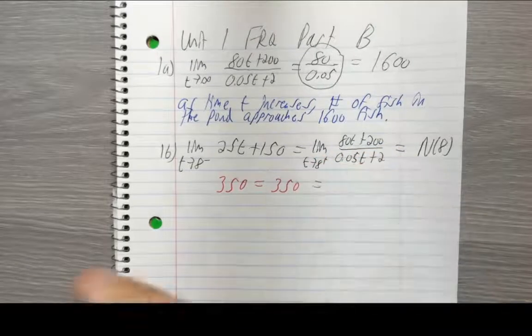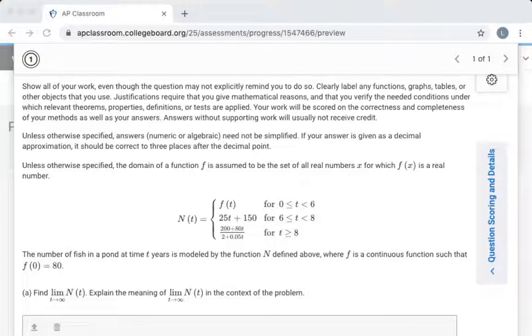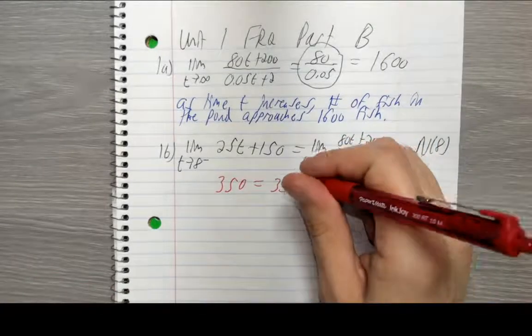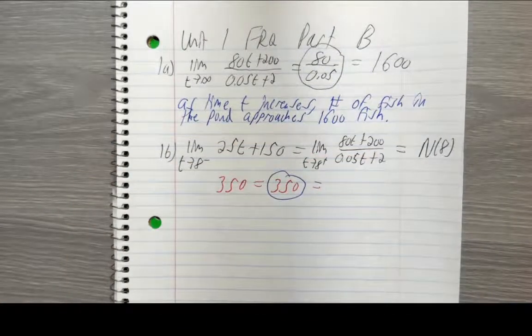N of 8. How do we decide what we're using for N of 8? Well, if you go back to the actual piecewise function, if you look at the very bottom function, it's for t is greater than or equal to 8. So we have to use the last function, which obviously would just be equal to whatever we just found, which we found was 350. So N of 8 is equal to that limit.